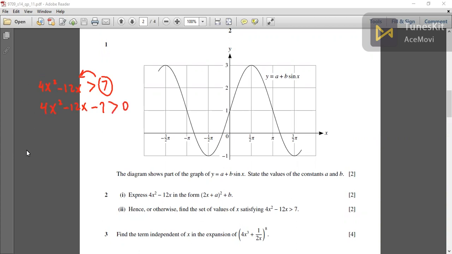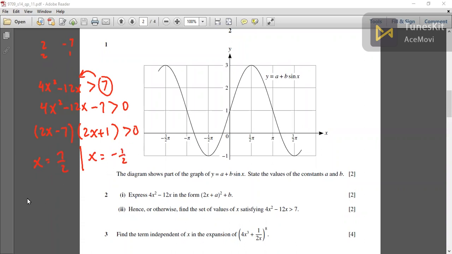So I factorize it: (2x minus 7)(2x plus 1) bigger than 0. So we have x equals 7 over 2, and another is x equals minus half.